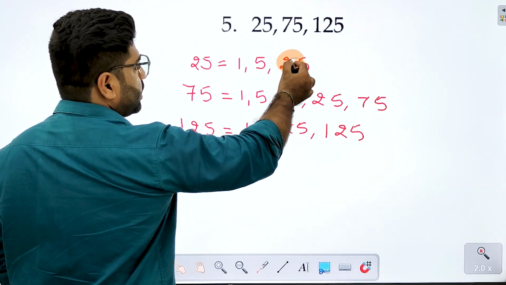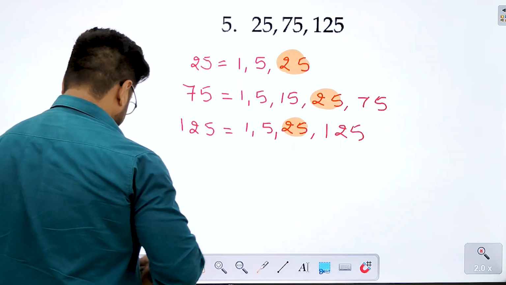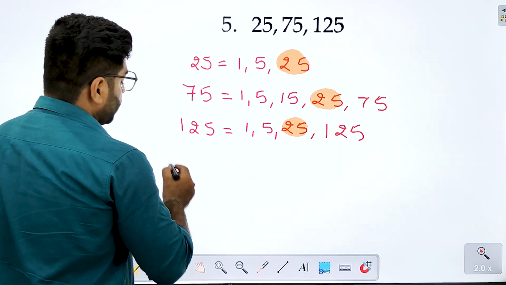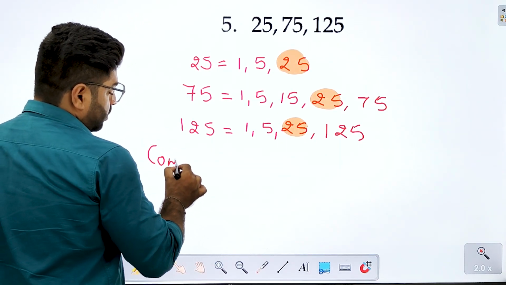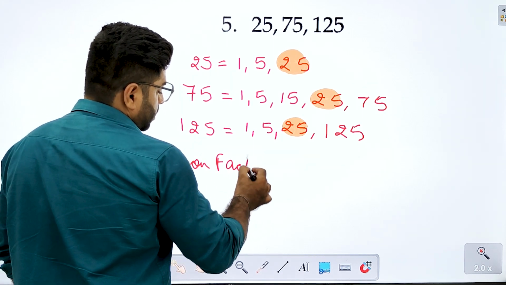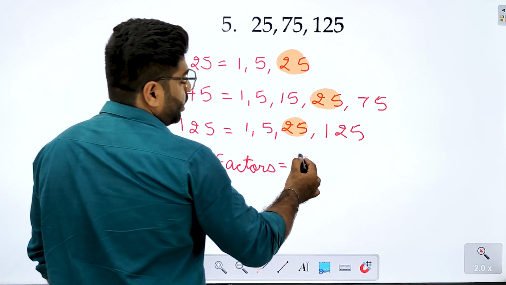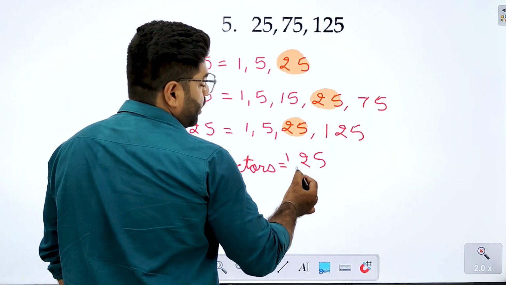So we have seen the common factor, that is 25 here, 25 here, and 25 here. So if we talk about the common factors, we have 25 and 1.